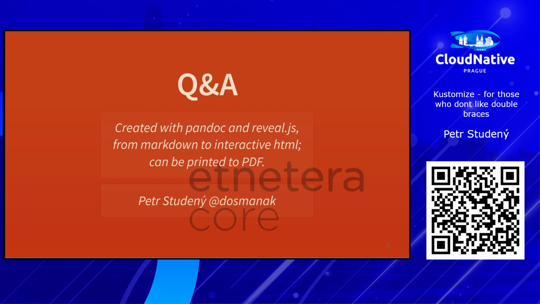Because I don't like double braces. I know. It's because with Kustomize you can create small iterations. You can build plain manifests, and when you are quite okay with it in your proof of concept, you can use it, or you can enhance it.